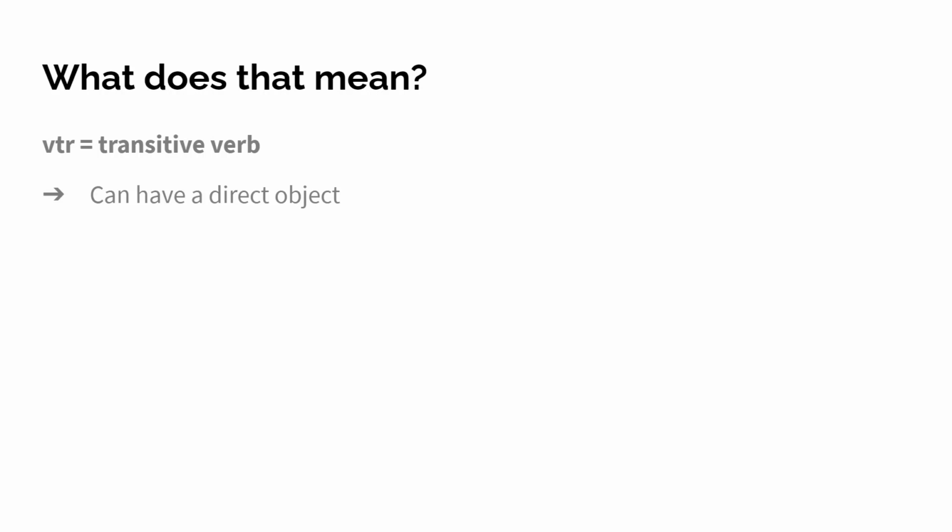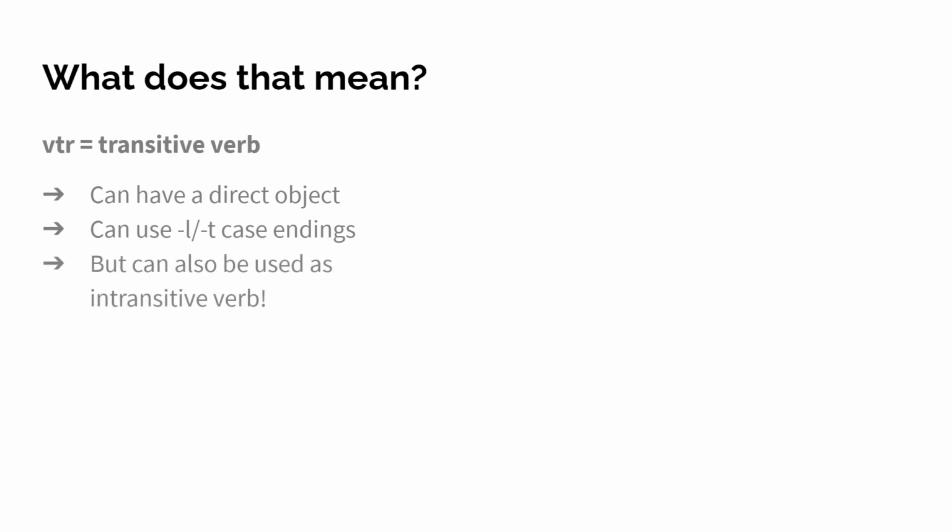In the sentence "The insect follows me", the me or I am the direct object because who is followed? I am followed. So these are the direct objects, the things that are verbed, basically. And because they can have a direct object, they can use L and T endings. But they can also be used as intransitive verbs. This is really important.